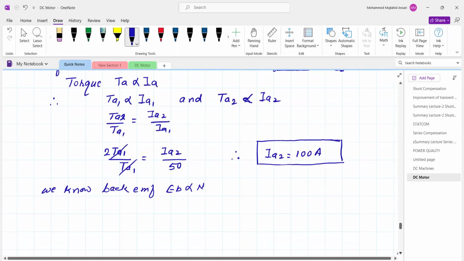So we can write EB2 upon EB1 is equal to N2 upon N1.